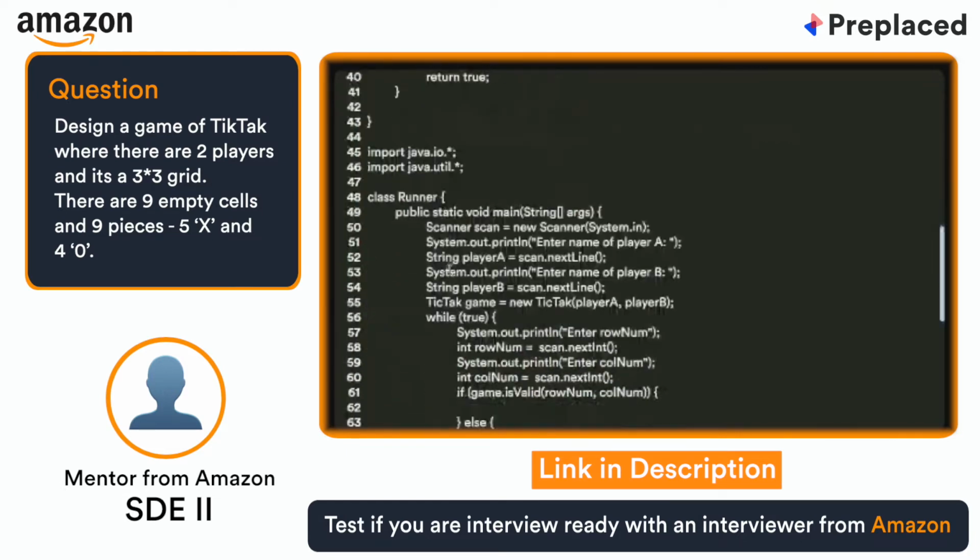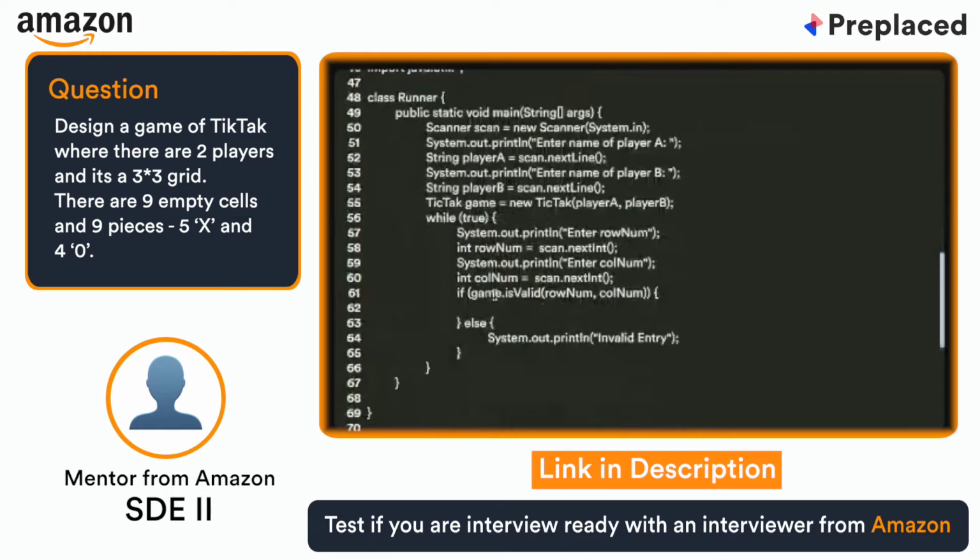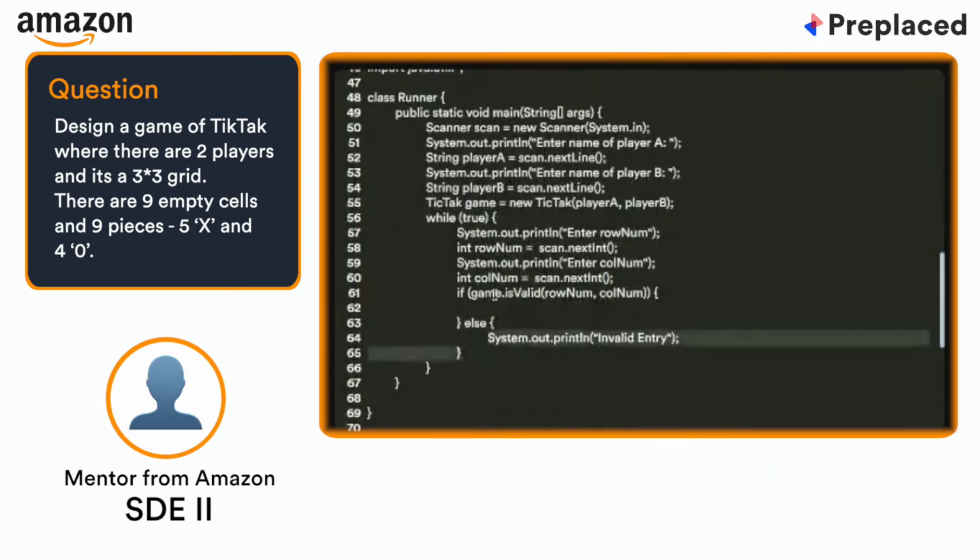Here I just have to do it like this: game dot play, and then I will pass my row number and column number. If it has returned true, then I will check if the diagonal matching and vertical matching has been done.